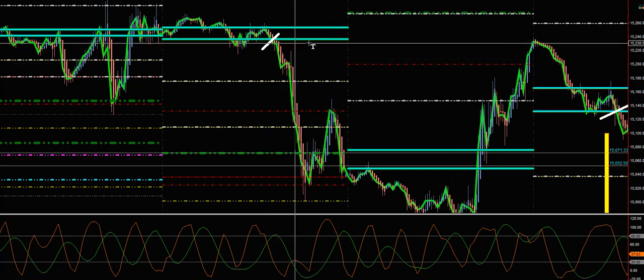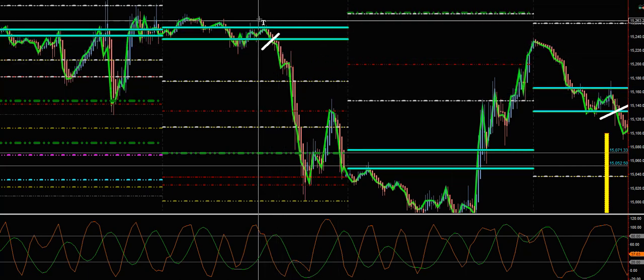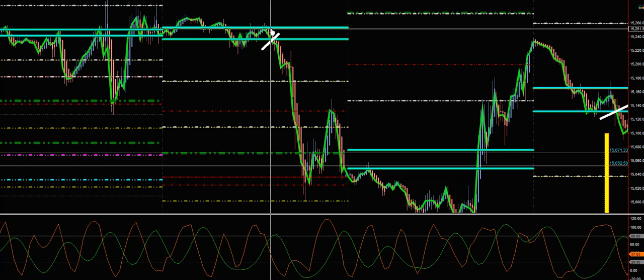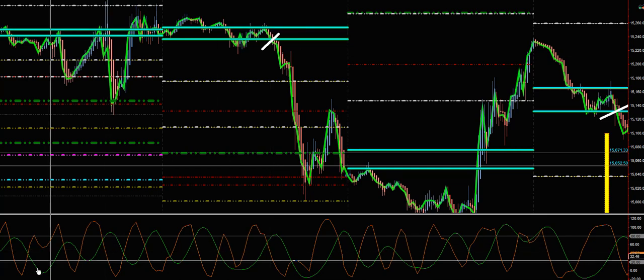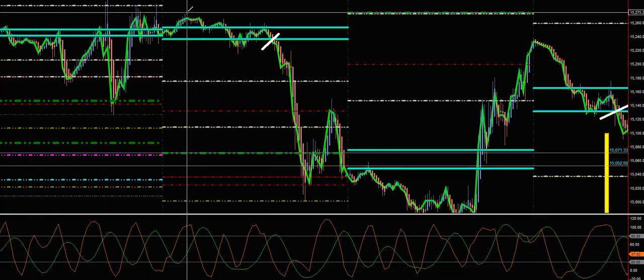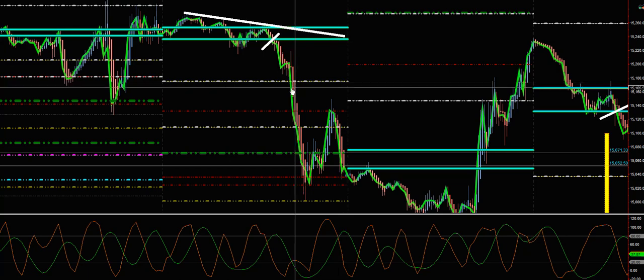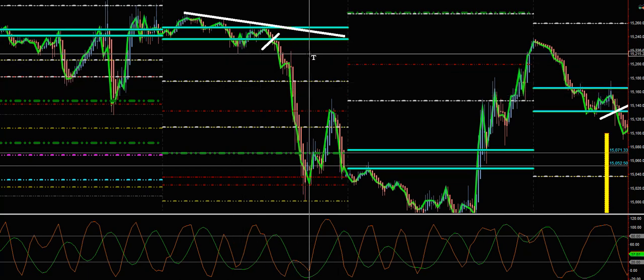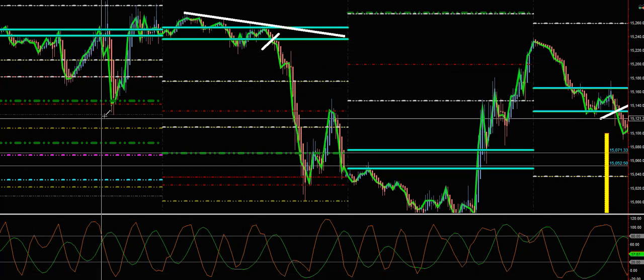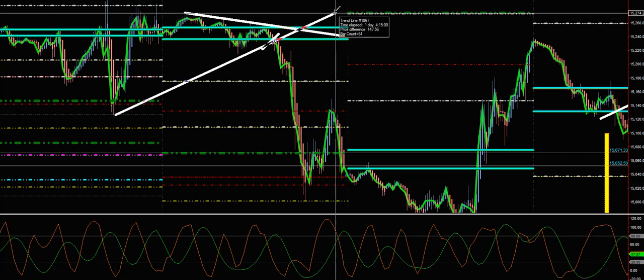So limit orders, because these levels are known, there's no need to chase anything. We don't chase anything. We know exactly when to enter, how to scale in, exactly where to stop, and always do your trend lines. Always do your trend lines, right?